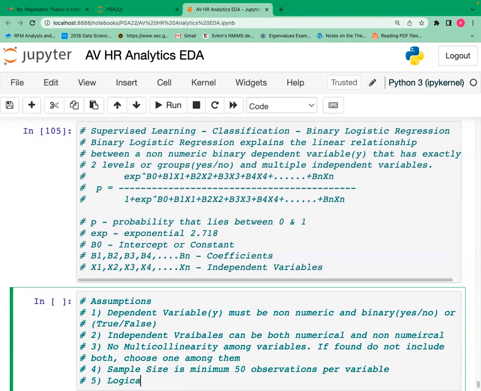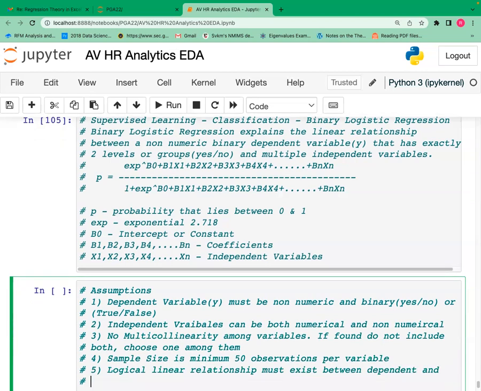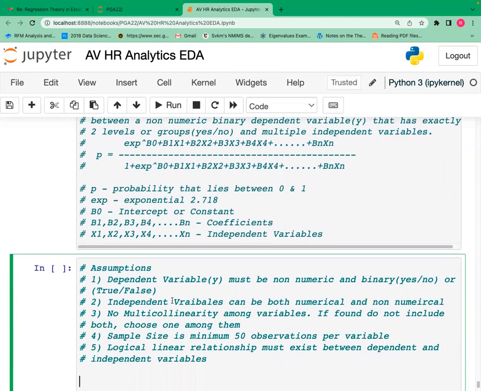There must be a logical linear relationship between dependent and independent variables. These are the assumptions which you need to understand for binary logistic regression.